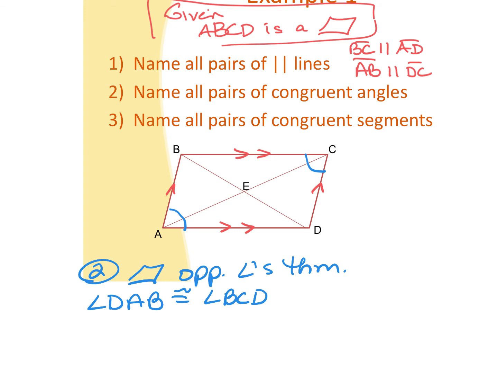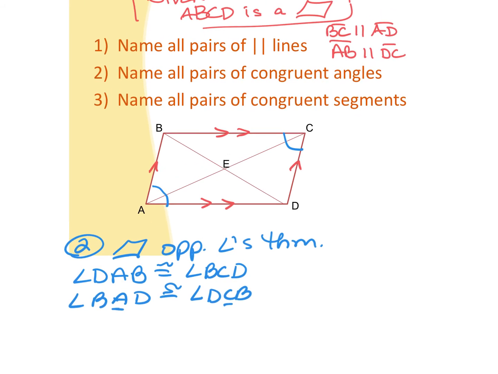And then I can also state, or you could say it in reverse, you could have also said BAD is congruent to angle DCB. What's important here is that A and C are the middle letters.